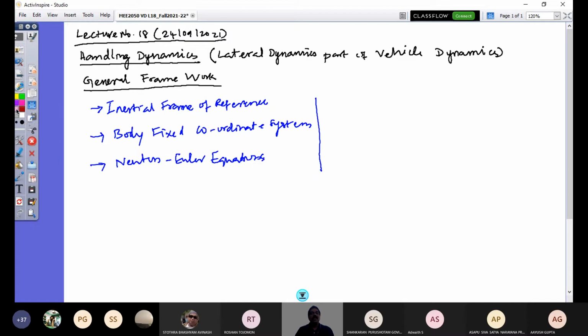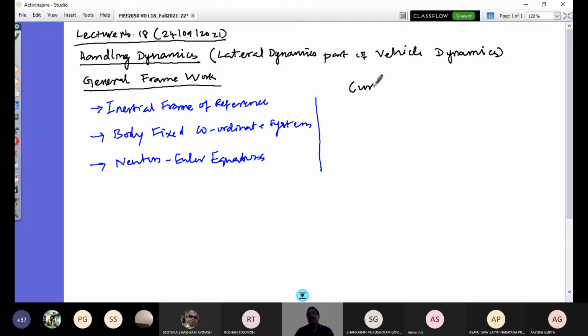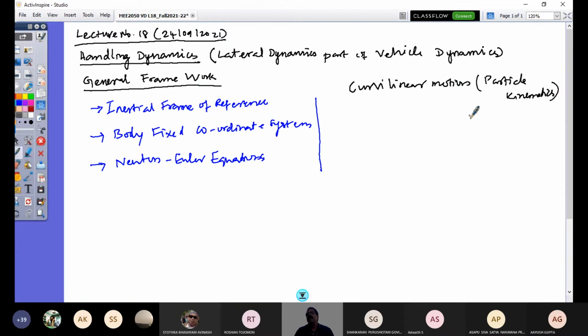So I would start this lecture from the point well known to you, which is curvilinear motion in your rigid body mechanics, which you have studied with a particle ideology. When I say curvilinear motion, it is particle kinematics. So what do you mean by particle kinematics?